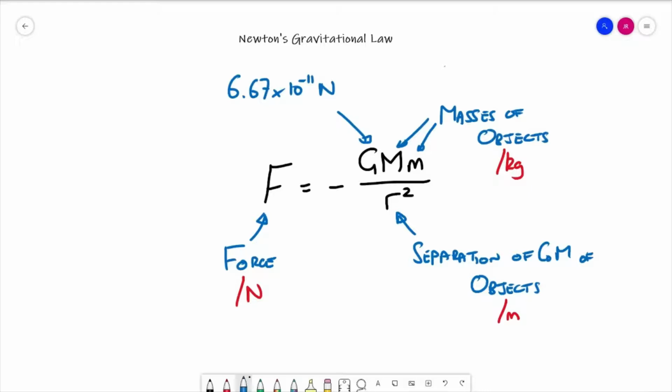So on the top we also need metres squared to cancel that out to leave us with just newtons at the end. And from the masses, on the top of the equation we've got two sets of kilograms, so the masses will give us kilograms squared, and in order to cancel that out we need a per kilogram squared to leave us with just newtons. So there's the unit for the universal gravitational constant, and that leaves us with overall 6.67 times 10 to the minus 11 newton metres squared per kilogram squared.